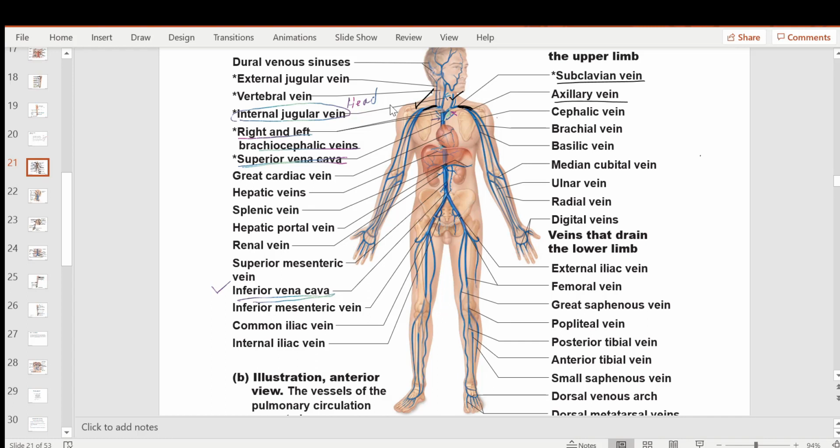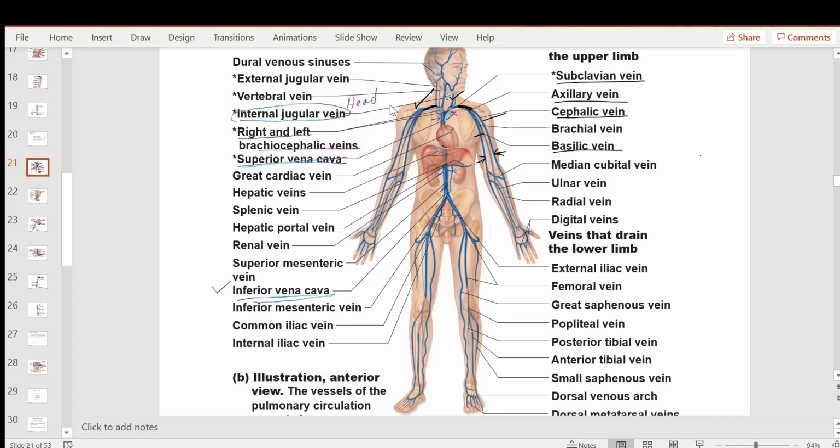So this is the axillary vein, and from the upper part of the axillary vein, two large superficial veins arise. What are those? Lateral one is called the cephalic vein, and medial one is called the basilic vein. So you can see here, this is the cephalic vein, and this is the basilic vein.